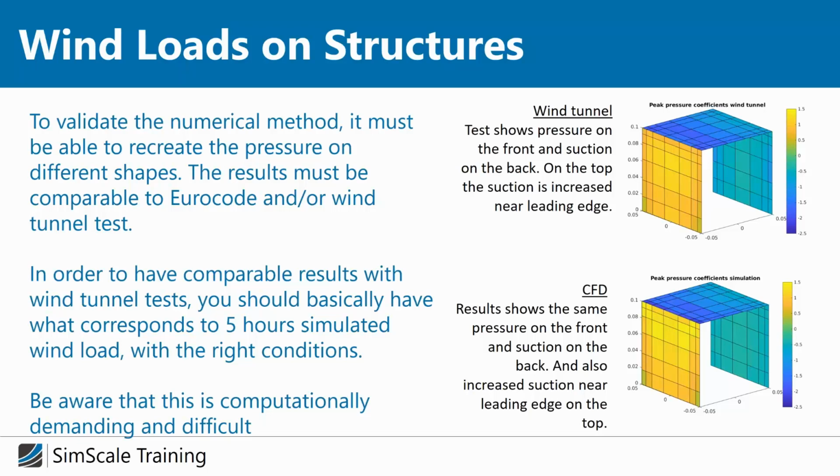Depending on how big your building is, it will take days, weeks, or months, and you have to do it for all the directions that are relevant. If you have a cube, you have symmetry, so you don't need to turn it around 4 times, so you can divide it by 4.